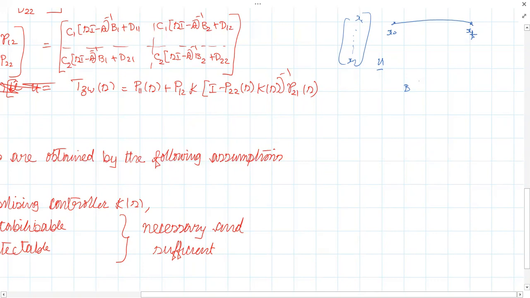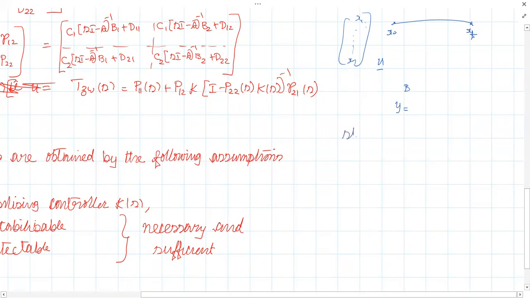By observing the output, from the output equation, you must be able to detect all the states. Then you say the system is observable.